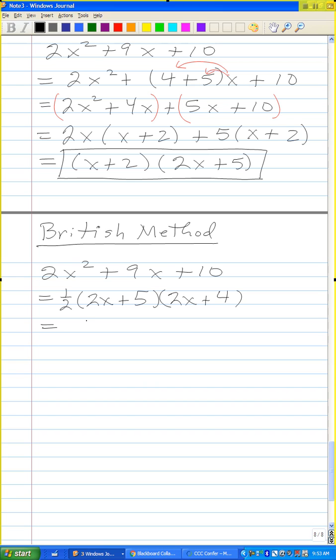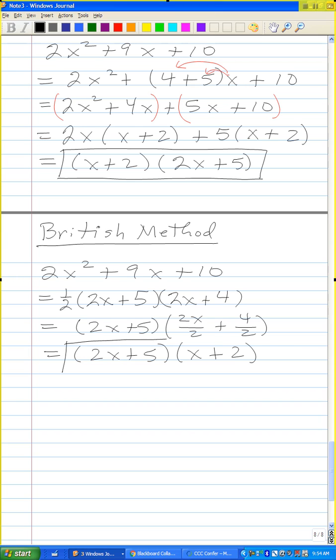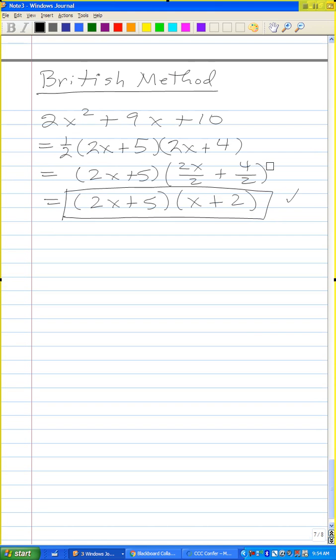Well, notice that I can't divide the 5 by 2, but I can divide each of these by 2. And so I get 2x plus 5. 2x divided by 2 is x. 4 divided by 2 is 2. And so I get the same answer that I get above. So that's the British method.